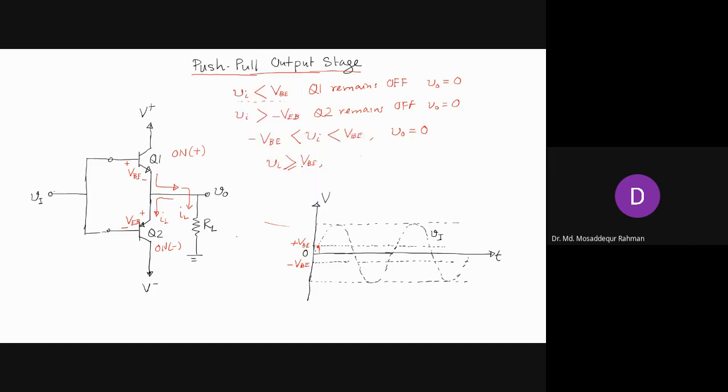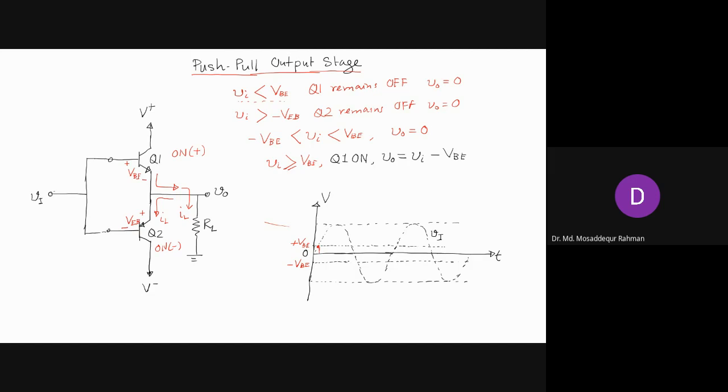So when Vi is greater than or equal to VBE, Q1 is on, and the output voltage V0 will be the input voltage minus this voltage drop VBE. So V0 will be Vi minus VBE.